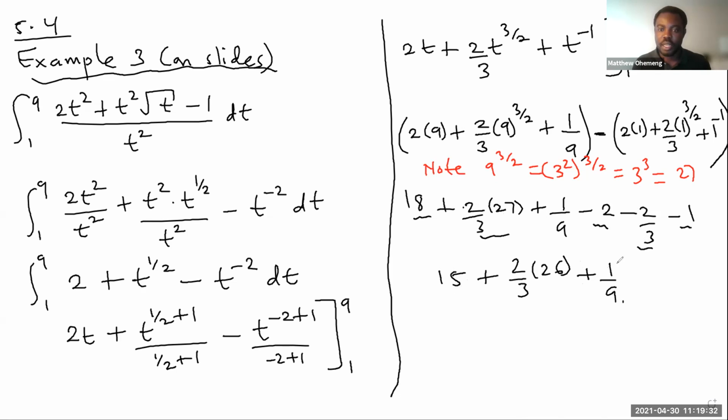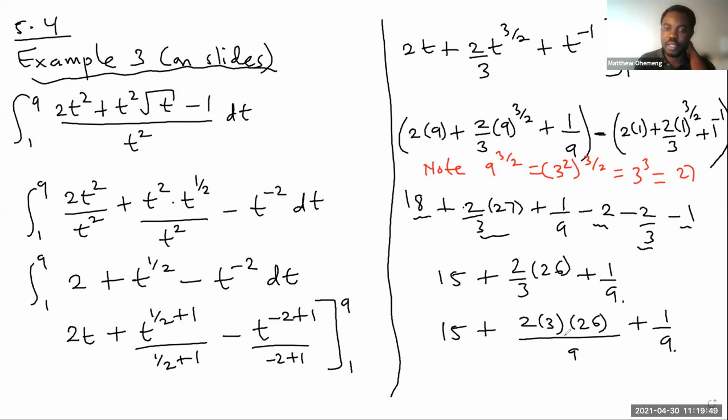plus, okay, so let me just add these. So I have 15, and then plus, I have 2 over 3 times 26 over 9 plus 1 over 9, right? So 2 times 3 times 26, 2 times 3 is 6, and then 6 times 26, that's 120 plus 36, that's 156.